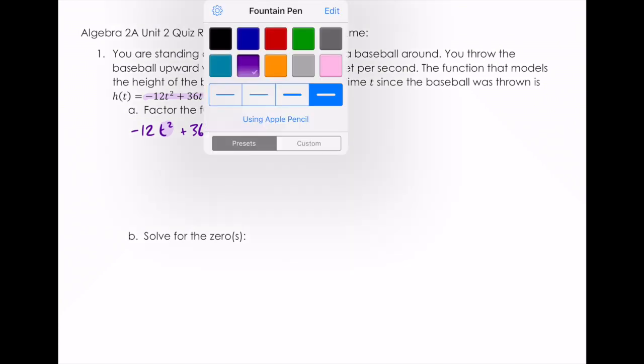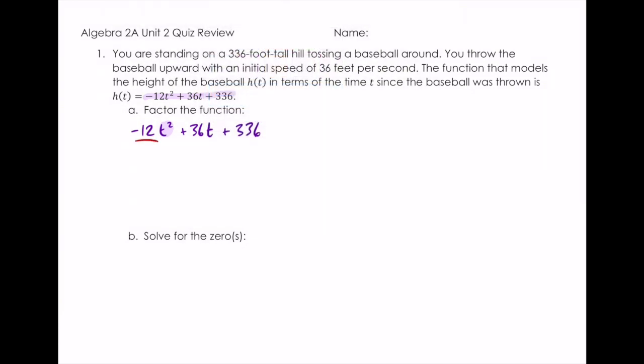So right now we're having an issue. There's this -12 in the front that we want to get rid of. So in order to do that, I can just divide every term in my function by -12. So let's do that now. We're trying to get rid of that -12, so we're just dividing it out.